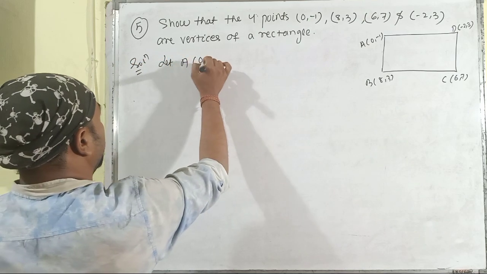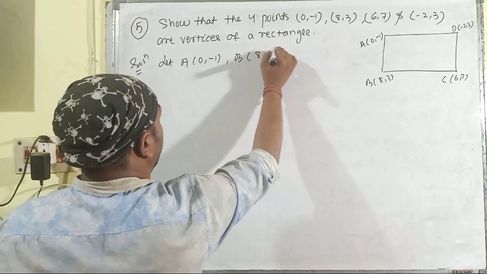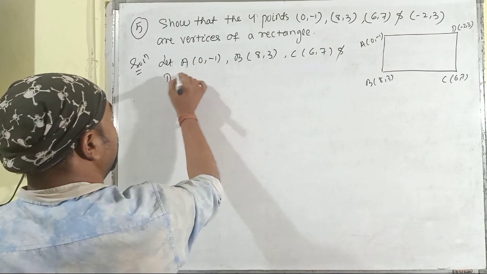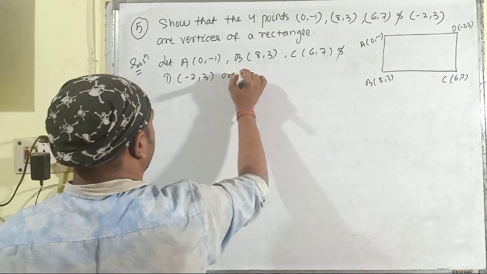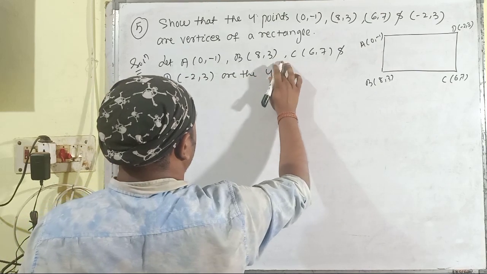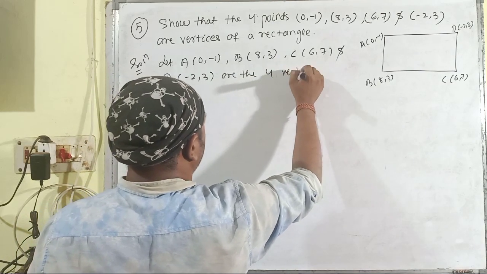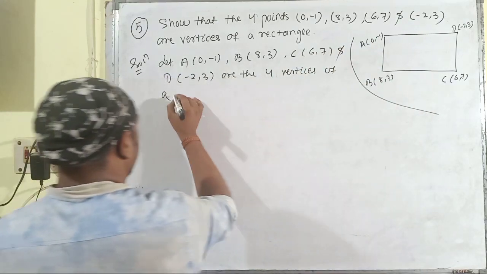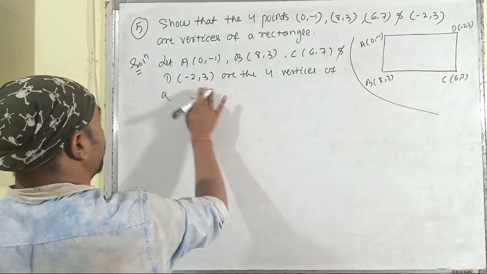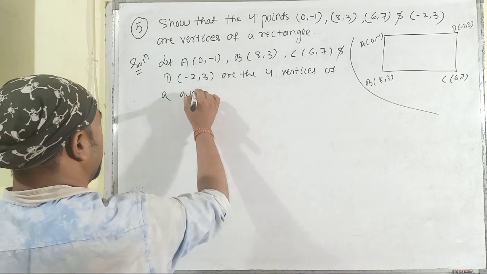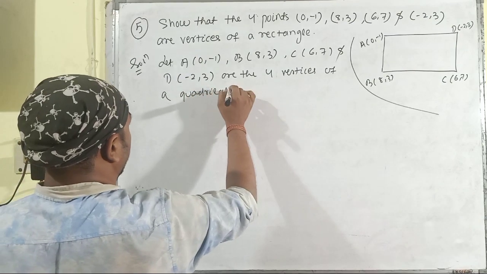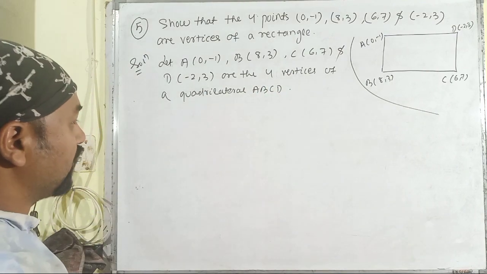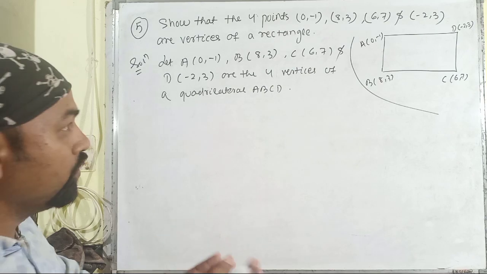Let A(0, -1), B(8, 3), C(6, 7) and D(-2, 3) be the four vertices of a quadrilateral ABCD, because we have to prove this quadrilateral is a rectangle. First of all, we have to prove that the opposite sides are equal with each other.